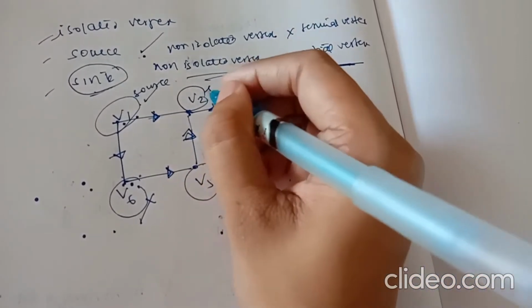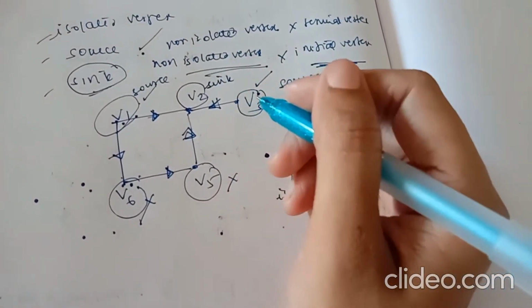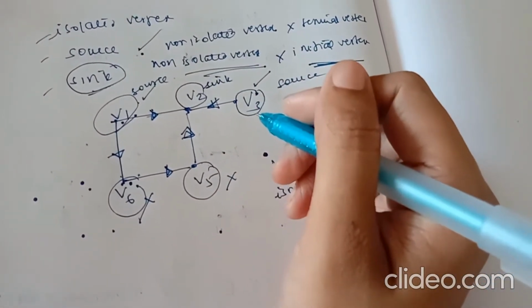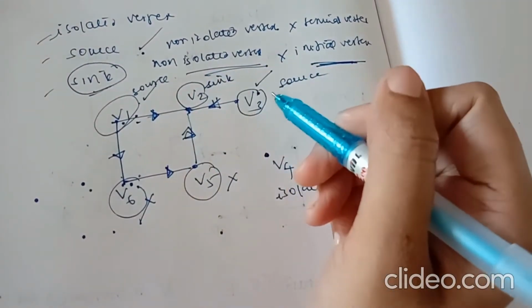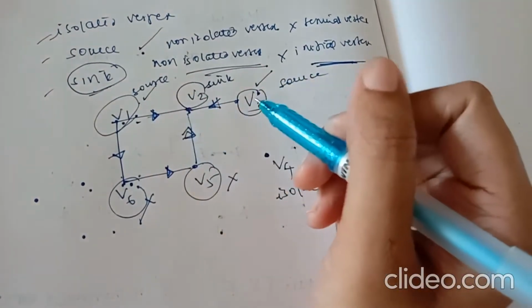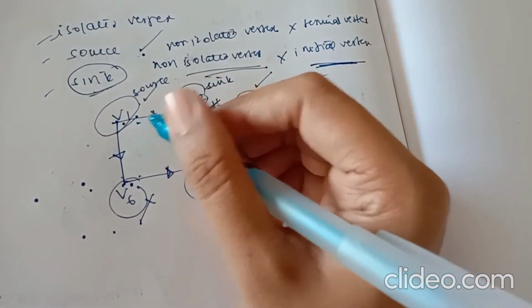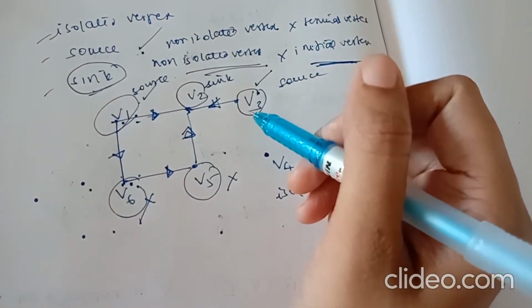So vertex V2 is the sink, right? Are there any other vertices which can be considered a sink? Vertex V1 is not a sink. We know that it is an initial vertex. We already know that V1 is the source. We already know that V3 is the source. We cannot consider them as a sink.